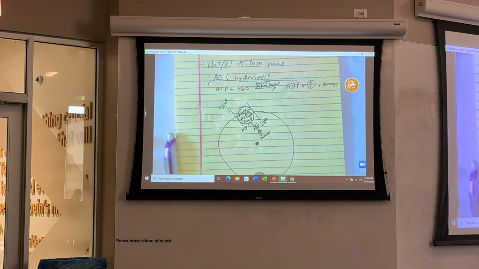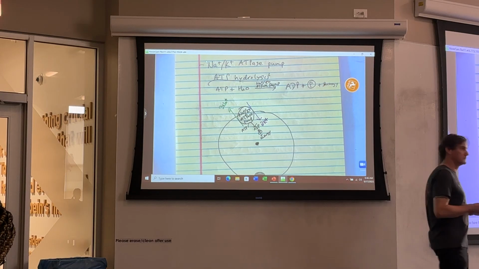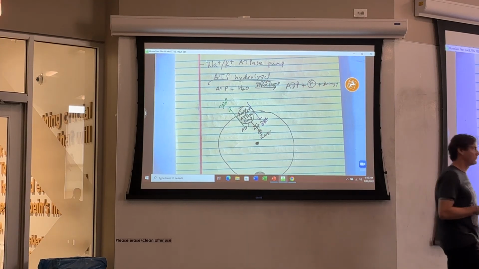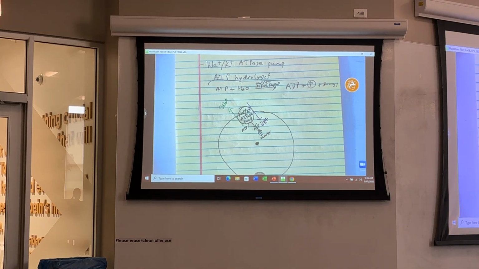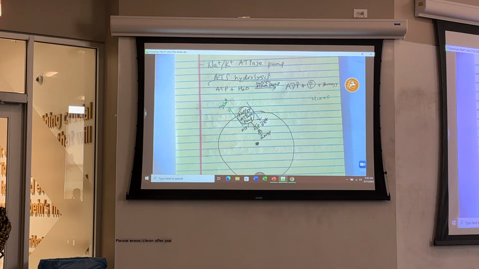All right, so why do we need a molecule of ATP or energy from ATP to move sodium out of the cell and potassium into the cell? Why? Okay, because we're moving sodium against its concentration gradient, potassium against its concentration gradient. So if we can draw in 4 ions, drawing the concentration gradients for sodium, potassium, calcium, and chloride.